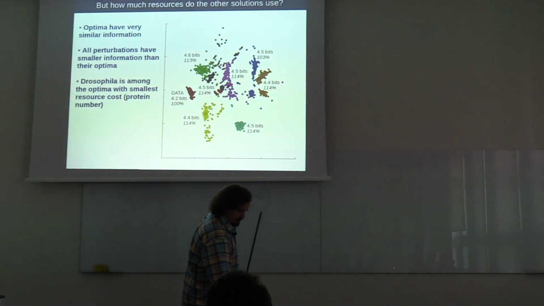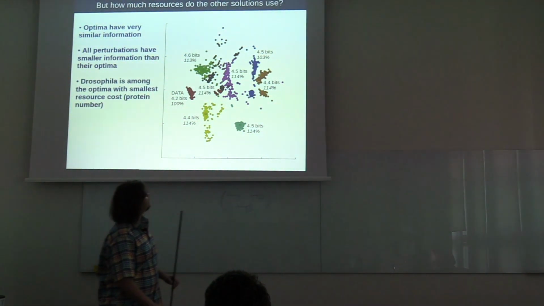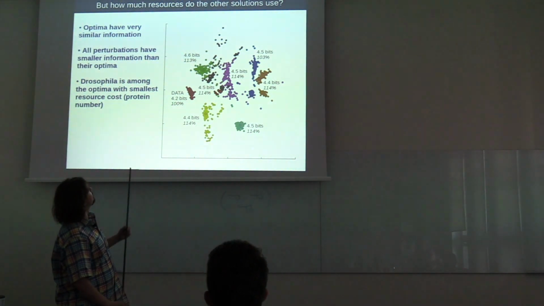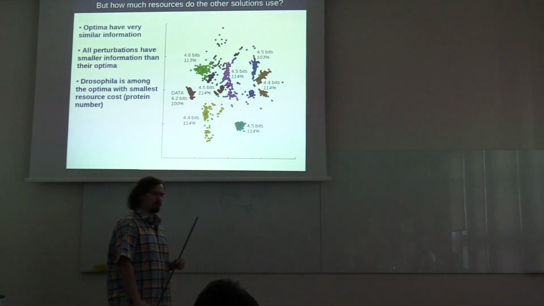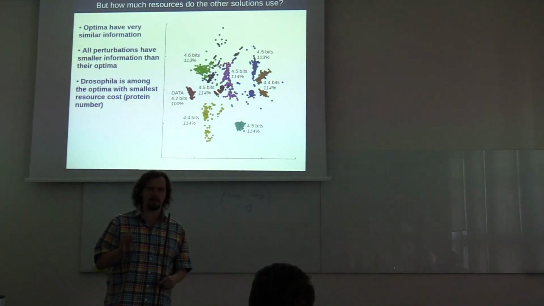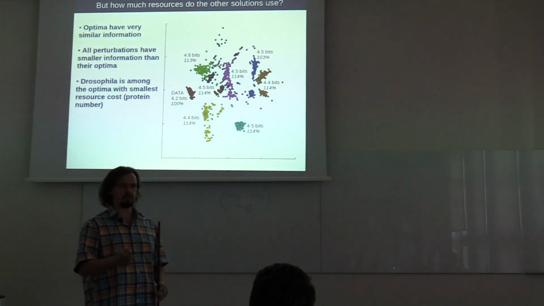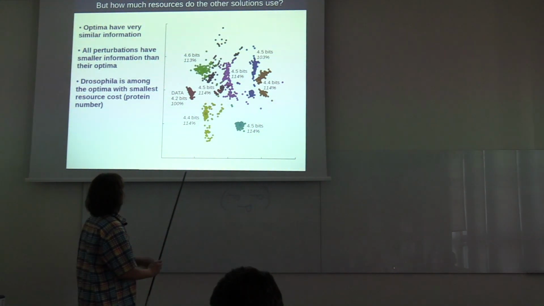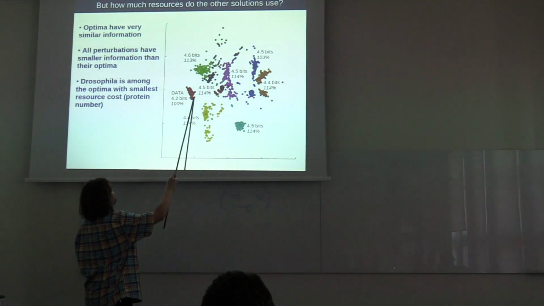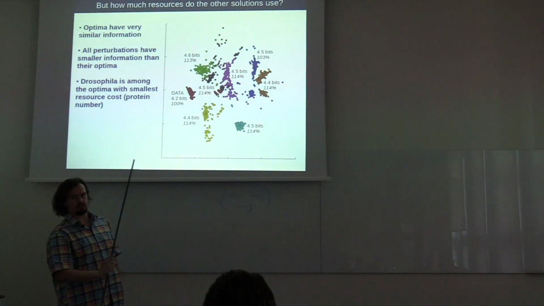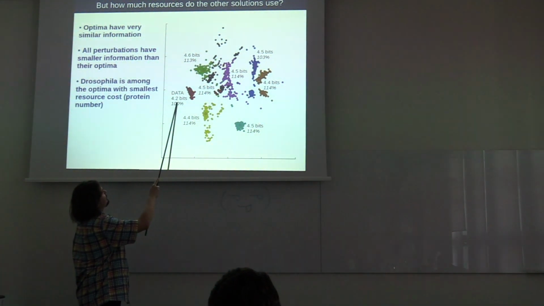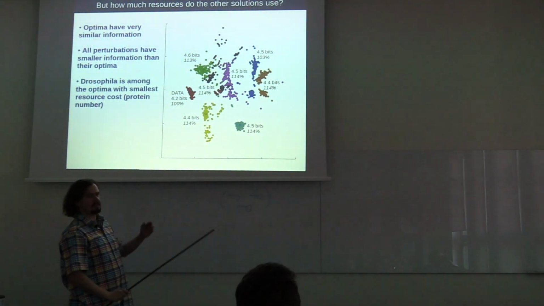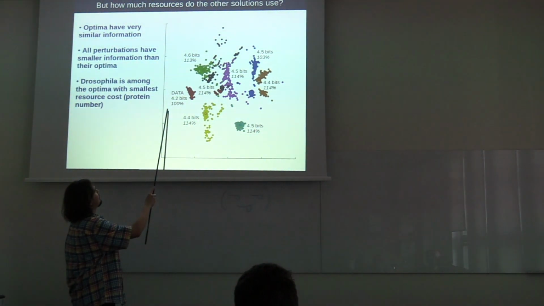So we did still some other types of analysis where we looked at the resource usage of all of these optimal solutions. And resource really means literally the number of mRNA and protein that you need to produce these patterns. And there, it turns out that while this solution that comes closest to the Drosophila wild type solution produces less positional information, carries less positional information, it also uses less resources.